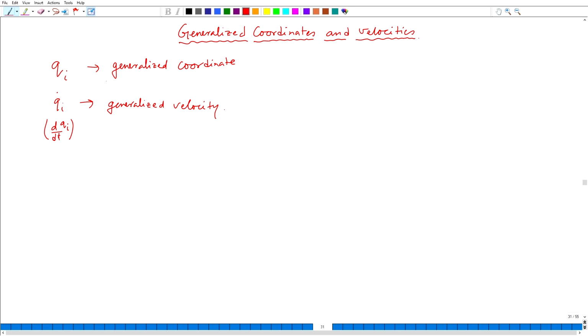Most of the cases, generalized coordinates can have normal position coordinates, or some distance, and angular coordinates, that means some angles.